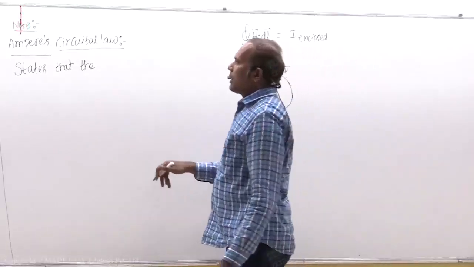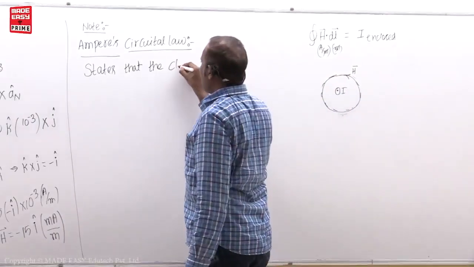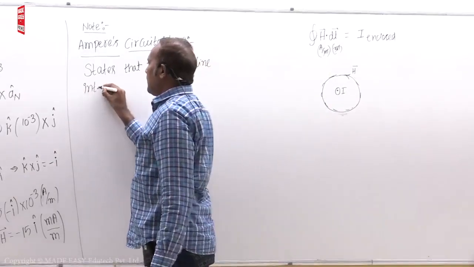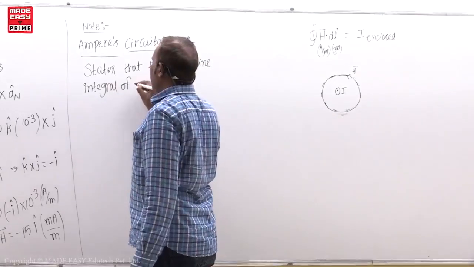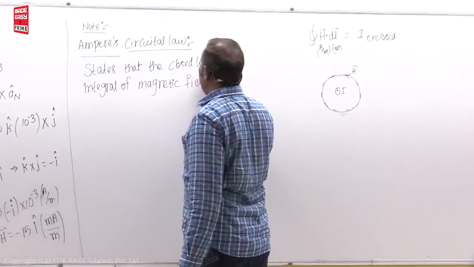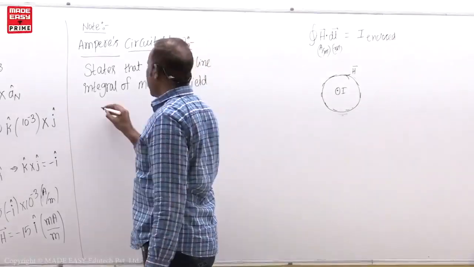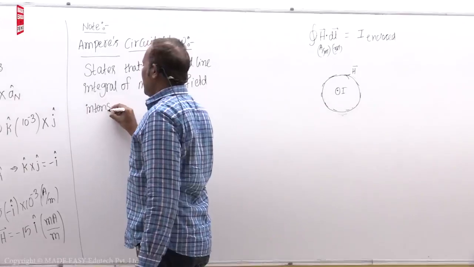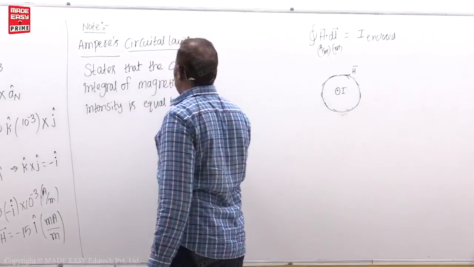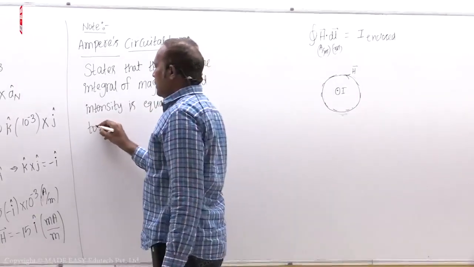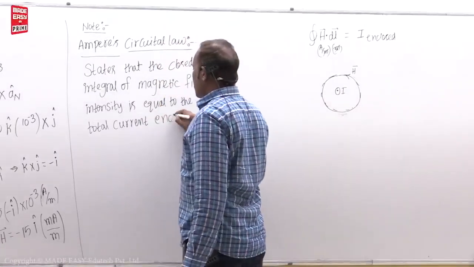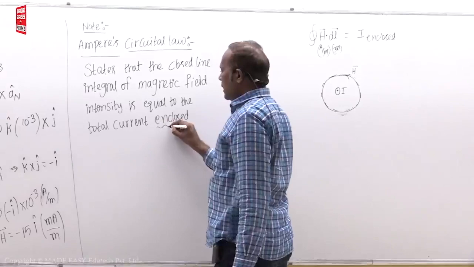So Ampere's circuital law states that the closed line integral of magnetic field intensity is equal to I, the total current enclosed. Enclosed means, what did I say?